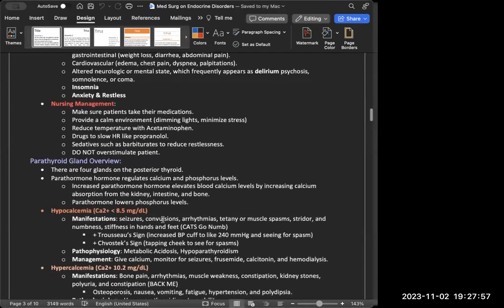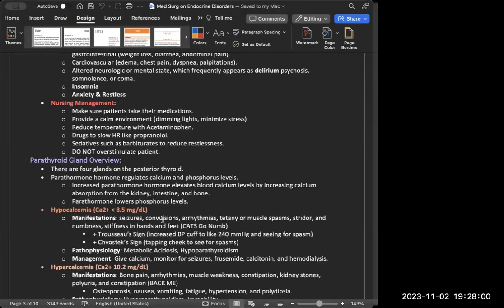Nursing management, make sure they're taking their medications. Important, providing a calm environment. Why would we want to provide a calm environment to a patient who has hyperthyroidism or a potential thyroid storm?